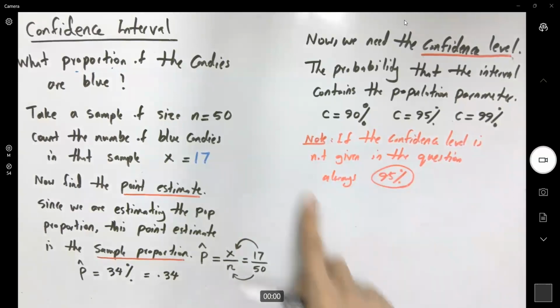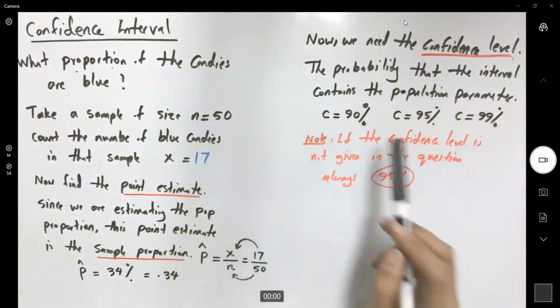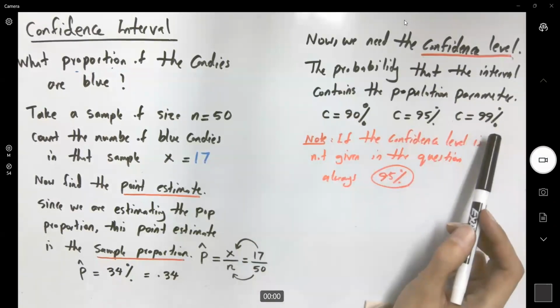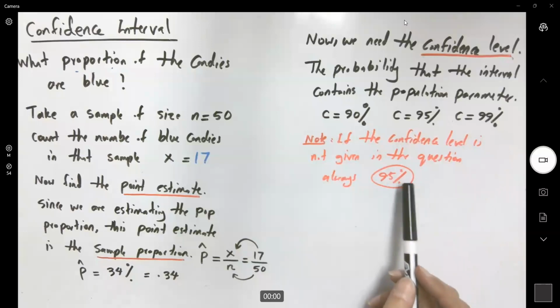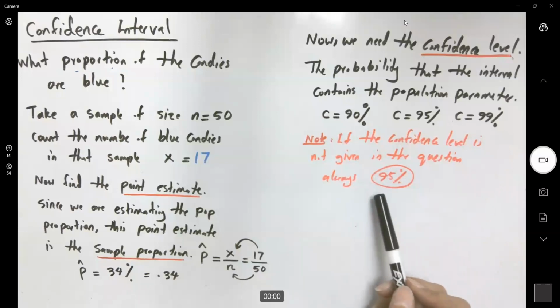So in the majority of cases, your level of confidence is given. If it happens that the confidence level is not given to you, you use 95%.